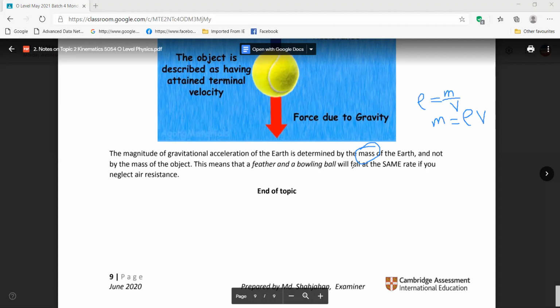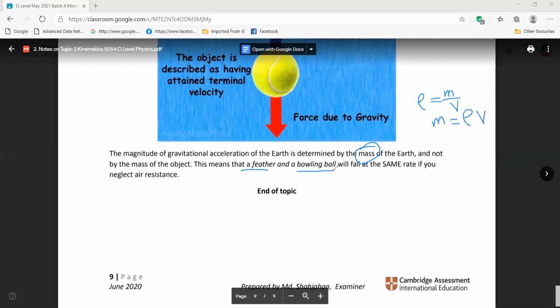Yes, sir. And if there is no air resistance working, any object you are dropping from above will fall with the same acceleration. It's not depending on their mass or their size or their volume.